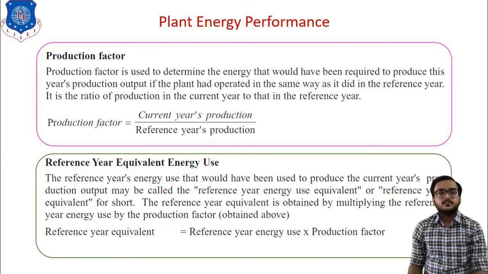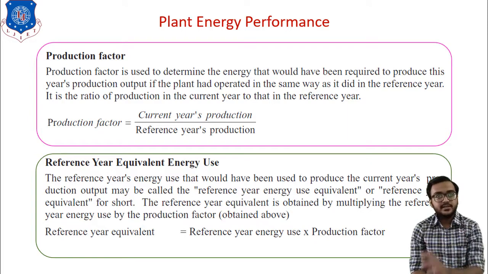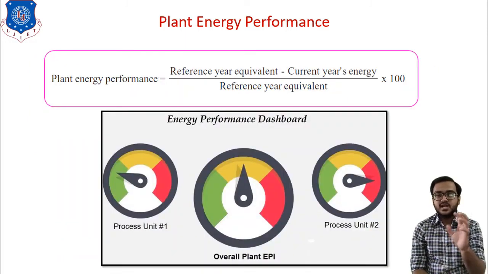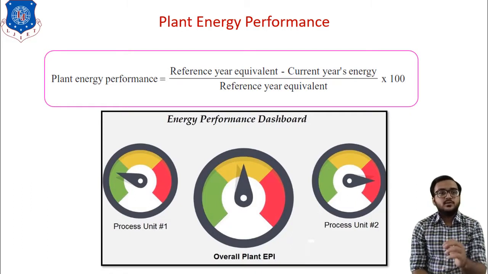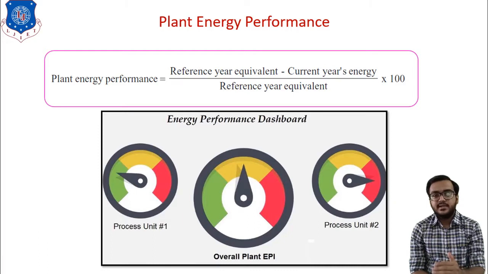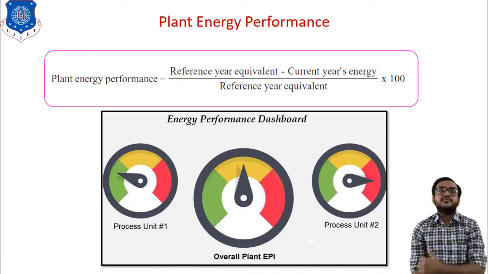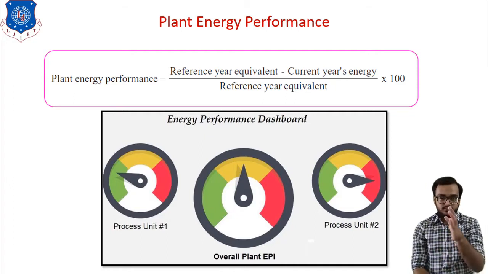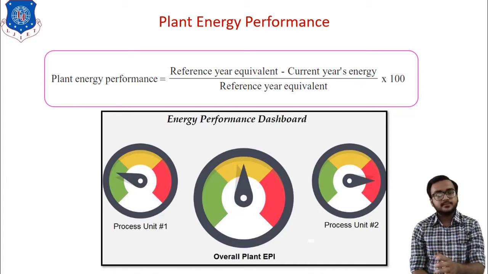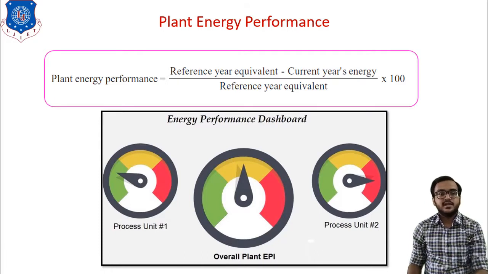Now next one is the plant energy performance, which is equal to, you can say, again this equation is a kind of empirical equation that we need to directly adopt: reference year equivalent minus current year energy, divided by reference year equivalent, that we have found in our previous slide. Reference year equivalent is equal to the production factor multiplied by reference year energy use, that we have observed in the previous slide.